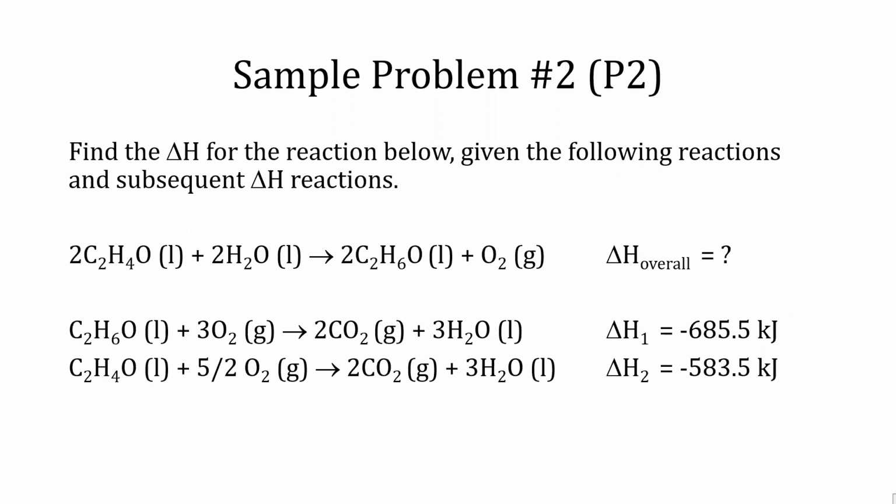C2H6O plus 3O2 forms 2CO2 plus 3H2O. Delta H1 equals negative 685.5 kJ. C2H4O plus 5 halves O2 forms 2CO2 plus 3H2O. Delta H2 equals negative 583.5 kJ.